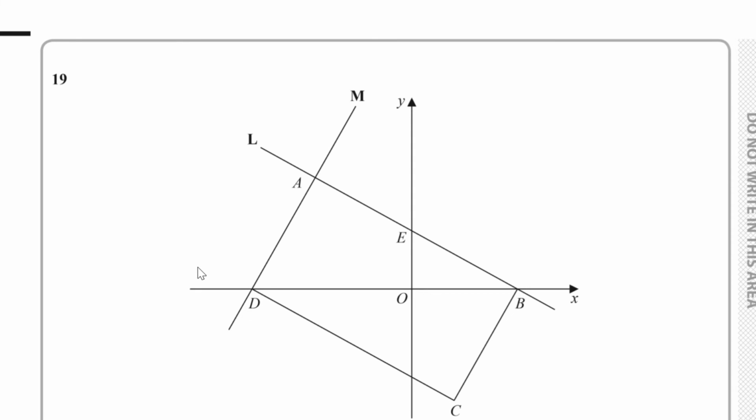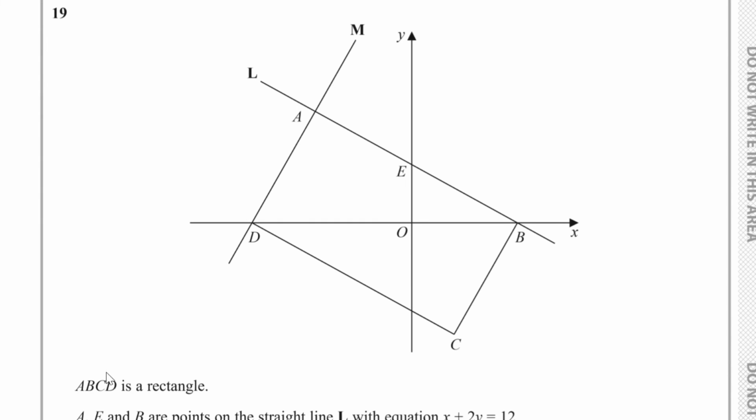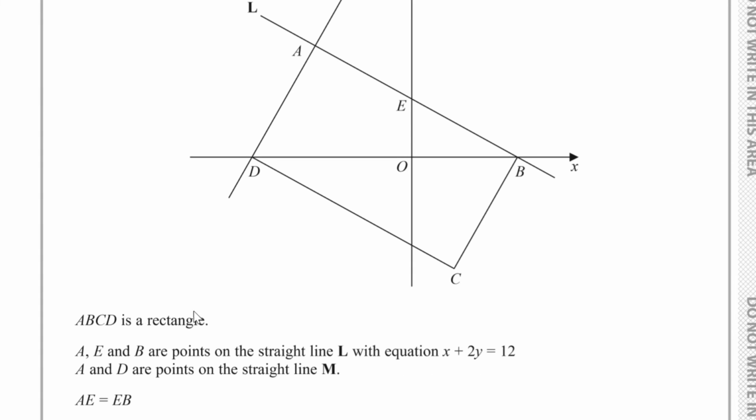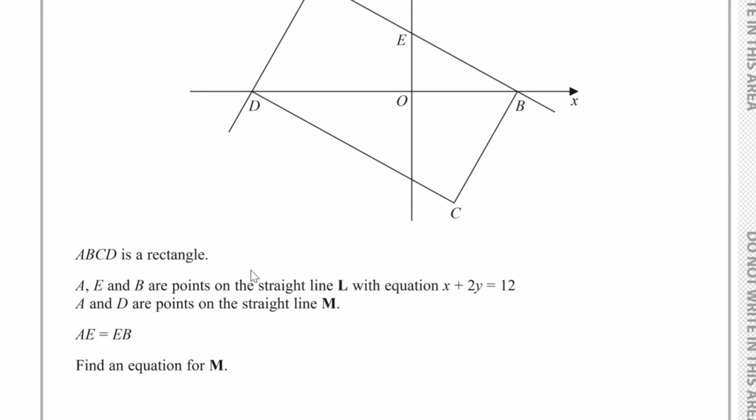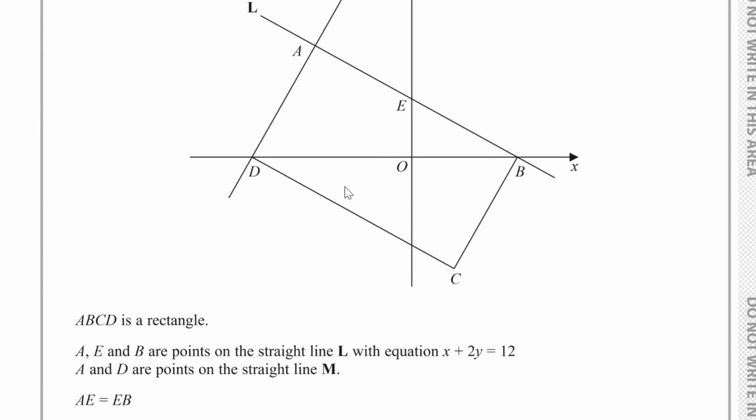Question number 19. We've got A, B, C, D, which is a rectangle, that's what we see here. And A, E and B are points on the straight line L with equation x plus 2y equals 12. And A and D are points on the straight line M. AE is equal to EB.